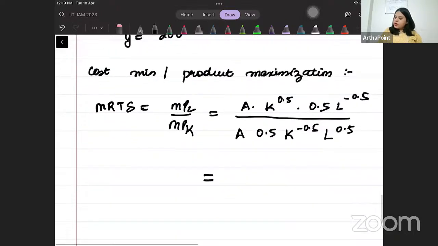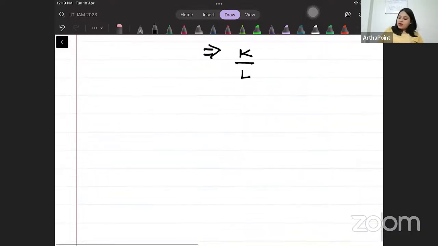So this will come down to K by L. This is your MRTS. MRTS has to be equal to W by R.